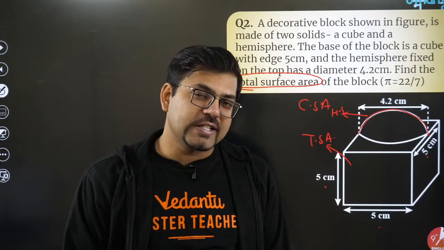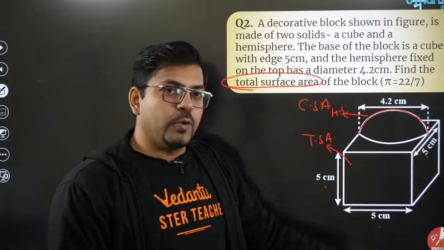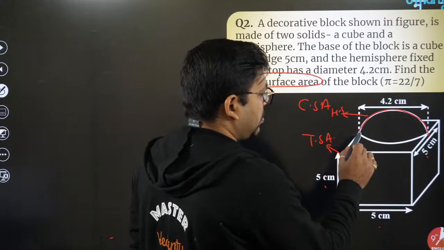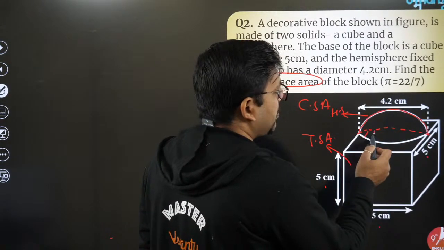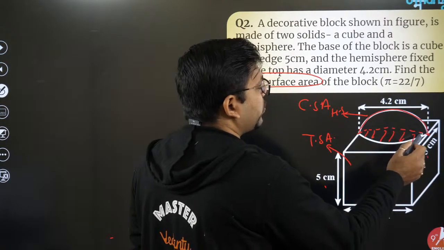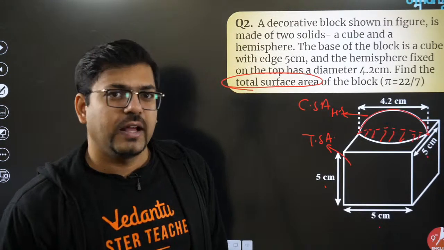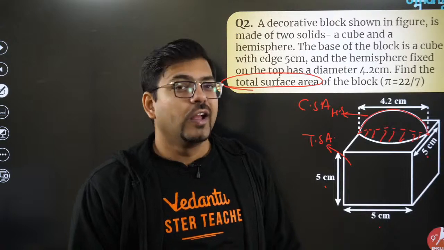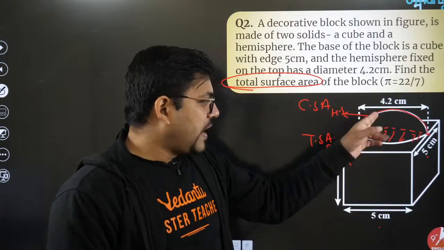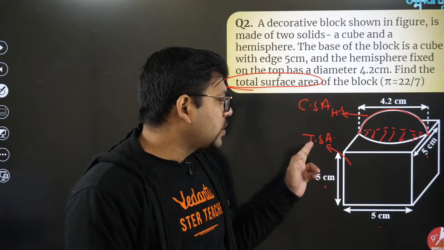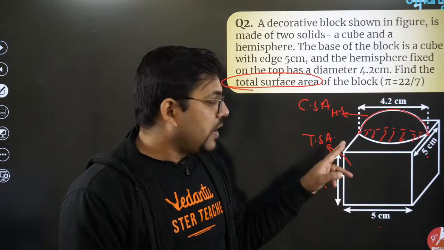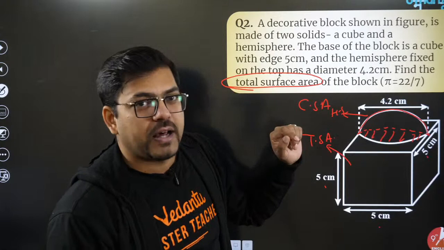In total surface area, we have the curved portion plus the bottom, which is not visible here. If the bottom is not visible, should we take its area? The answer is obviously no.